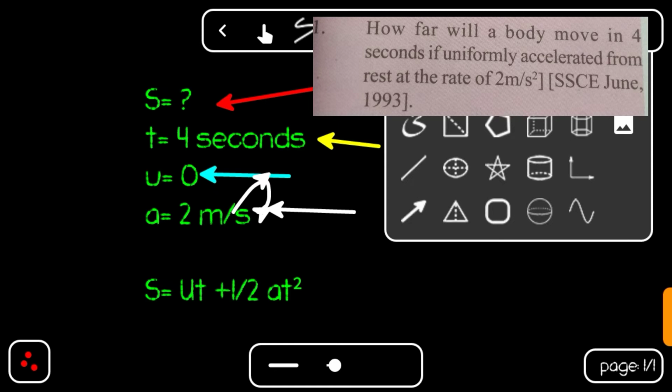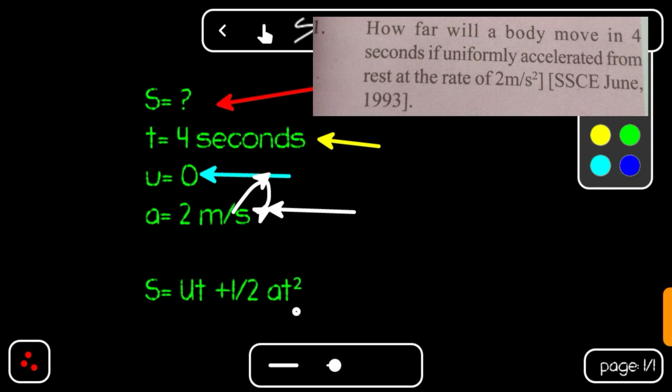This equation contains everything we need, so it is this equation you are going to use to solve the question. Let's input all our values into it.